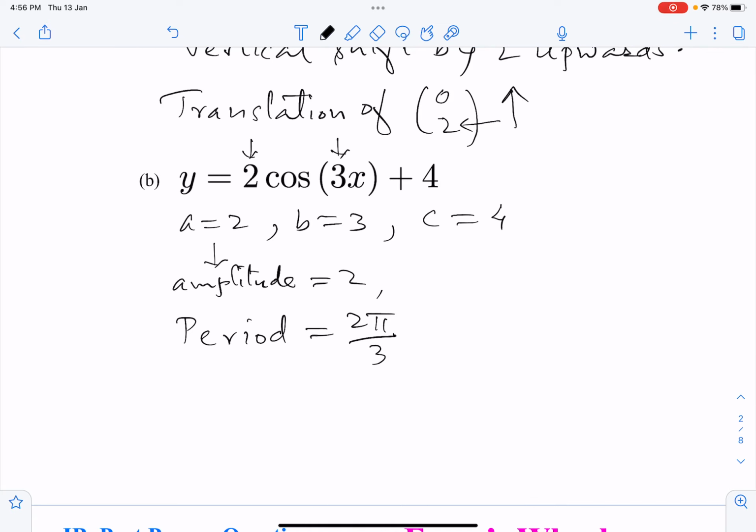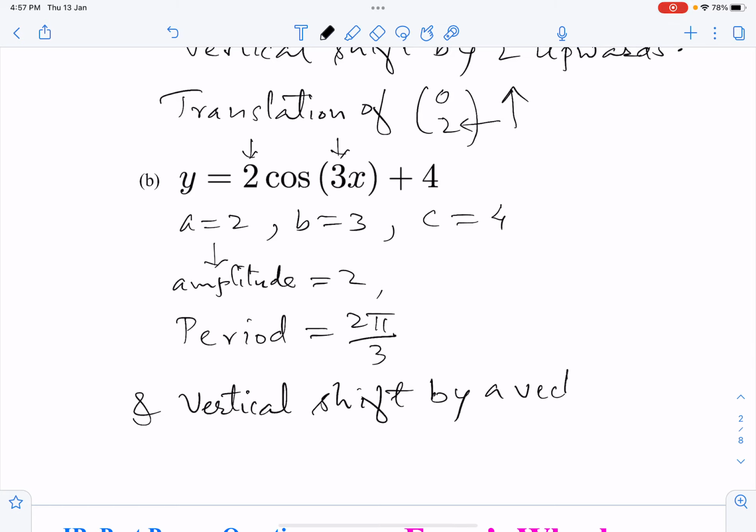So this will be the period, and vertical shift by a vector 0 and 4. Okay, so this will cause a vertical shift upwards. If this was negative, it will be downwards. Okay, but here it is positive, therefore it will be upwards.